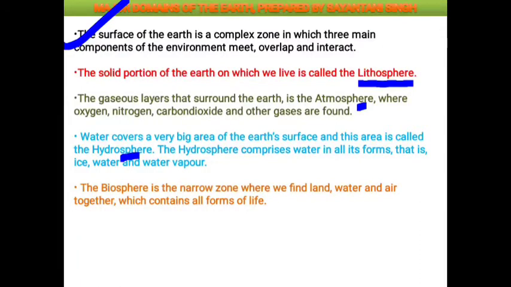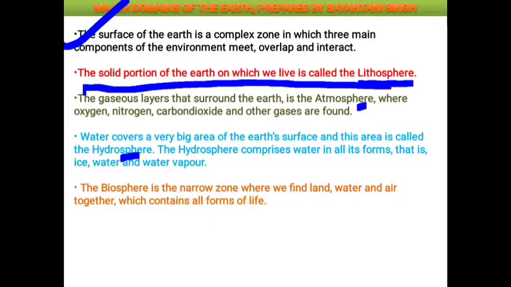The term lithosphere relates to the earth's crust, the outer side of the earth. The solid portion of the earth where we live is called the lithosphere. The term is derived from the Greek word lithos, and this is the first domain of our earth.